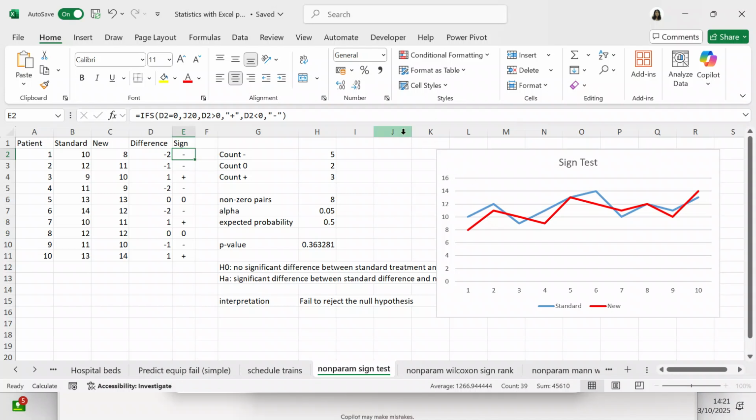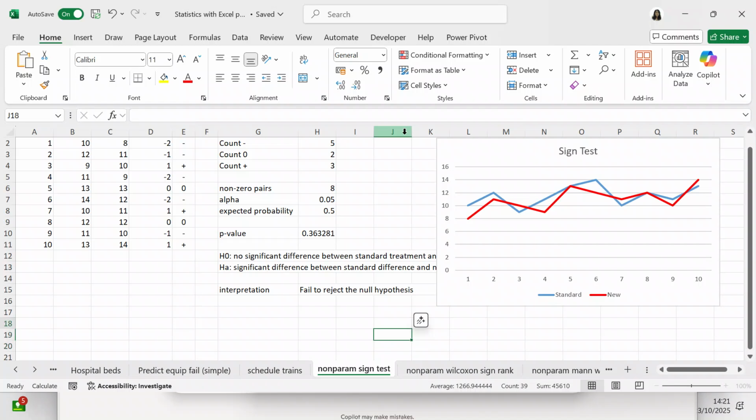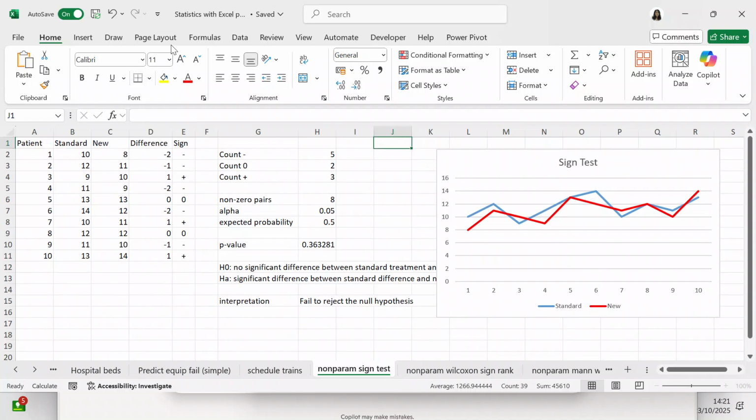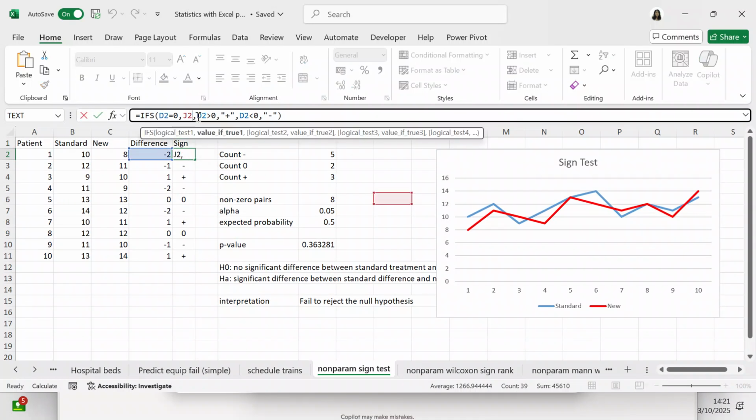I'm not sure about this J20. Let's see what we've got here. I don't know why it says J20 there. That might be a mistake. Let's try this.